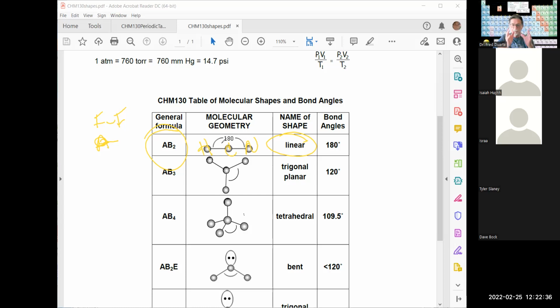And for 2 atoms, the bond angle really wouldn't be a factor there because there's no bond angle to measure. So you got to have a minimum of 3 elements to give you a bond angle here. So for the one we're doing, HCN, it is linear and the bond angle is 180 degrees, okay? So let's go back and let's see.